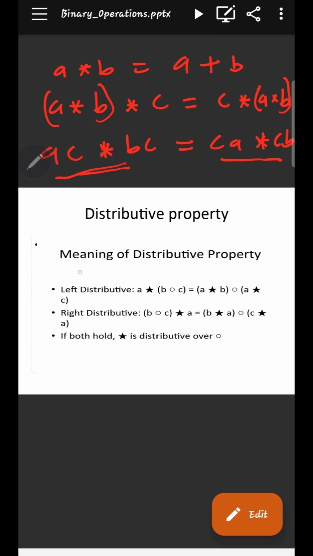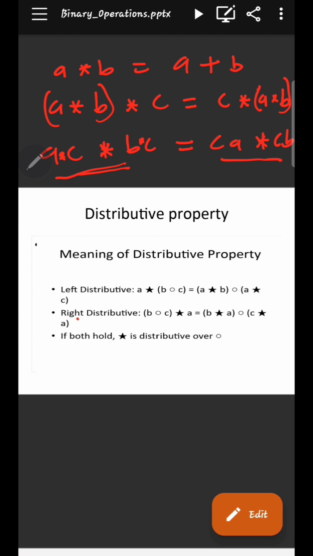So let's look at the definition. Left distributive, you can see that A is being put in front here, while on the other side, which is this, is left. Look at the right. B operation C is on this side, while A is on the other side. And you can see when we open the operation, we have A operation B, A operation C.